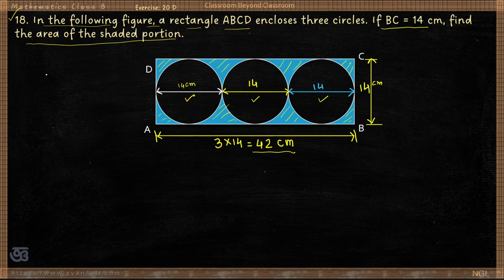So let us first find the area of the rectangle. So area ABCD is equal to b into h, base multiplied by height of the rectangle, or side of the rectangle. And if we take b equal to AB, then that is equal to 42 centimeter multiplied by h equal to 14 centimeter.